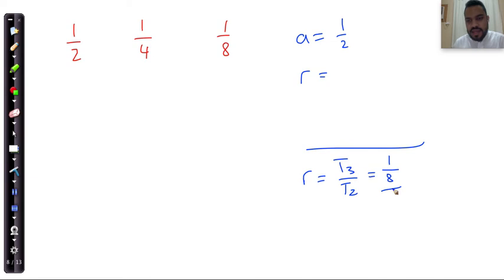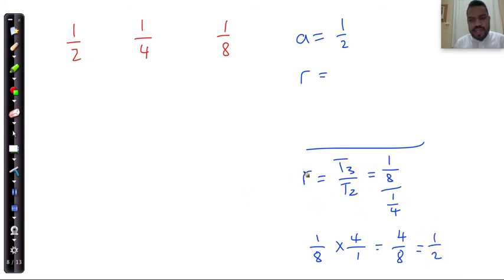So A is equal to a half, and R is what I want to calculate. R is equal to T3 over T2, and T3 over T2 is 1/8 divided by 1/4. An eighth multiplied by 4/1, using the tip and times method, gives me 4/8, which is equal to 1/2.